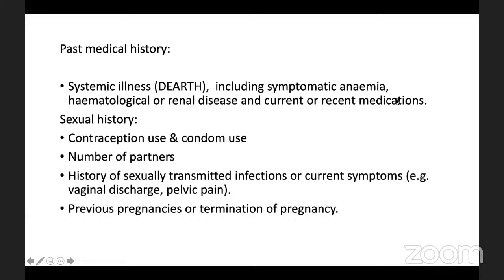I think in terms of this, there's also the issue of HPV, which is important, and our society doesn't really know about it. So I think it's upon us to teach them more about HPV, what it is, the vaccination, and what to do beyond that, at primary healthcare level. Then we need to ask about previous pregnancies or termination of pregnancy. Next slide.